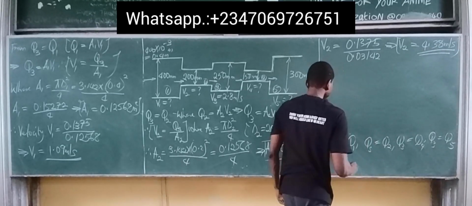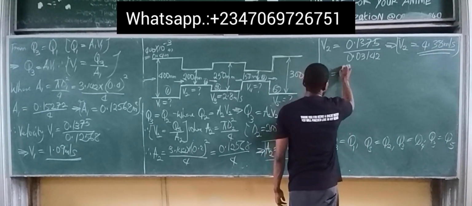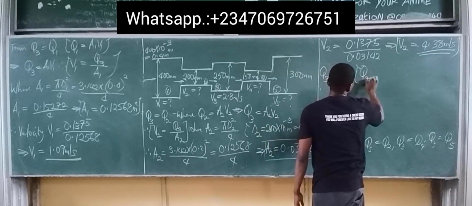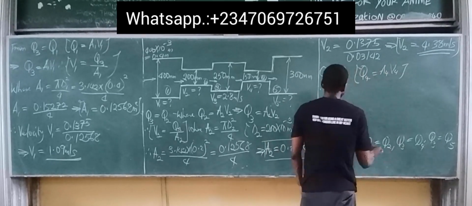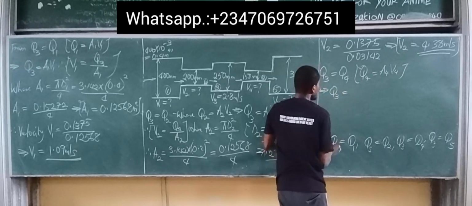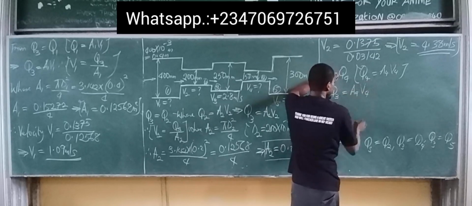Also, from the continuity equation, we said Q3 is equal to Q4, where Q4 itself is simply A4 multiplied by V4. So Q3 is equal to A4 multiplied by V4.